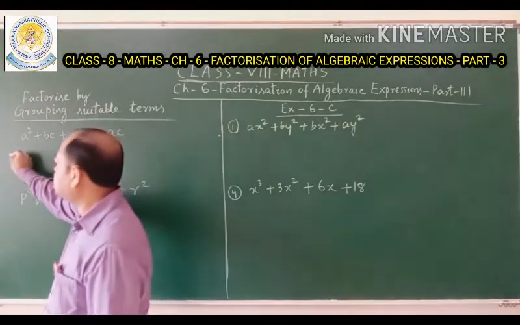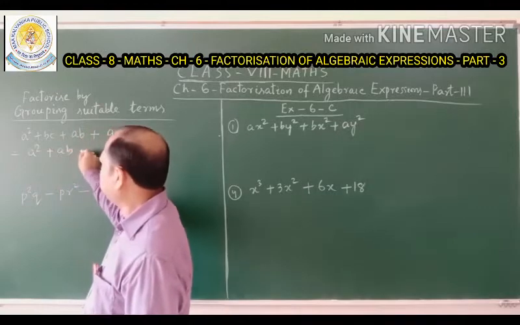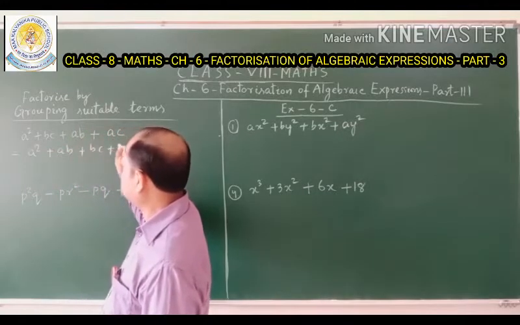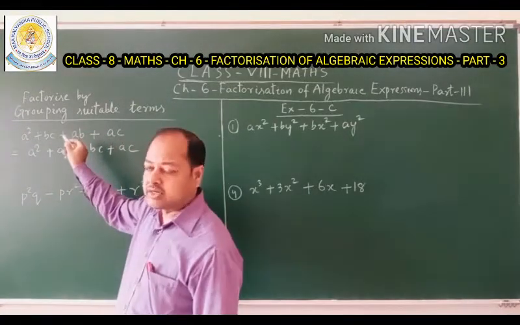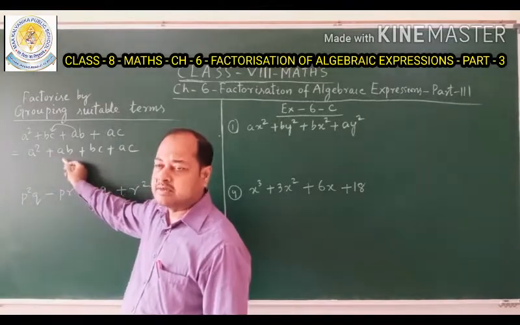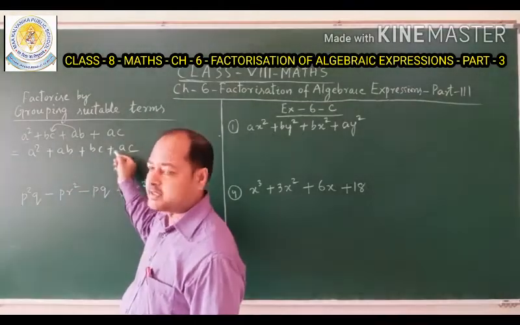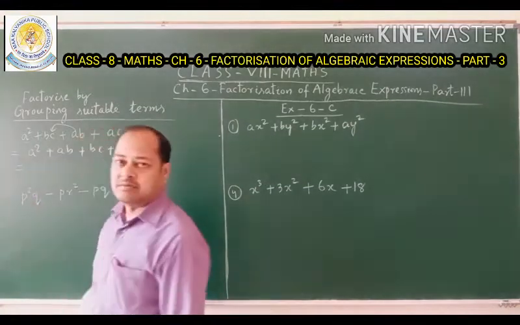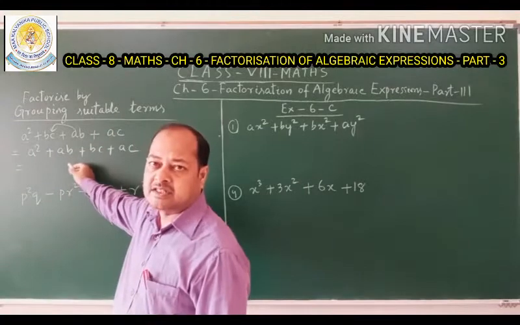So it becomes a square plus ab plus bc plus ac. Here we have rearranged or regrouped ab to here. Now it is a new arrangement, so now we can take common factors. From a square and ab, what is the common factor?